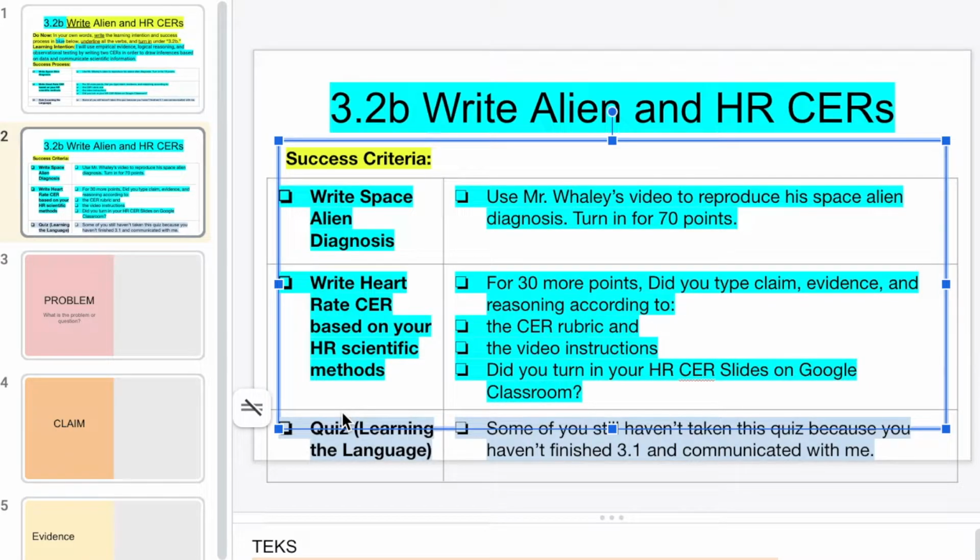So for that 70 points, write space alien diagnosis, or in the context of forensic science, think about it as a space alien testimony. Also, for forensic science, instead of writing a heart rate CER, you're going to be writing a CER based on your nutshell study. So what was your process?